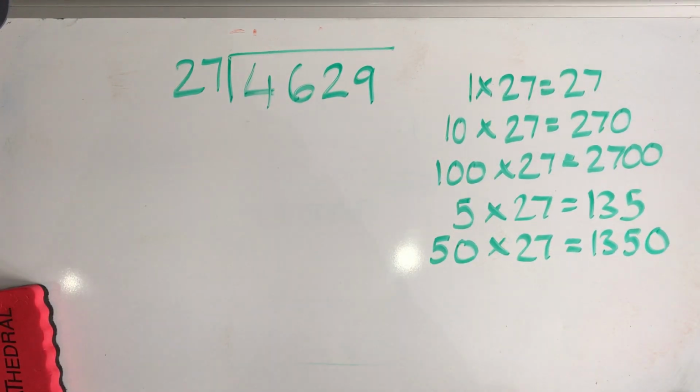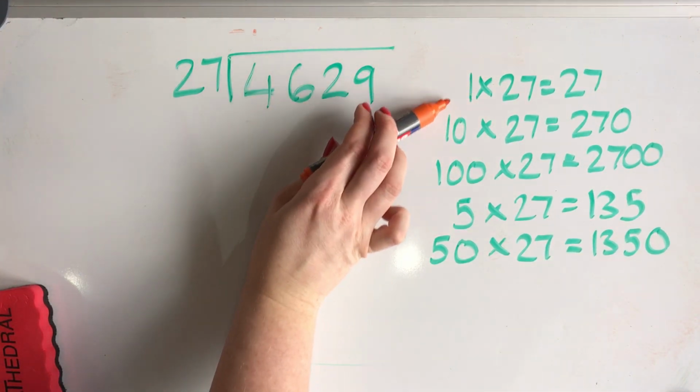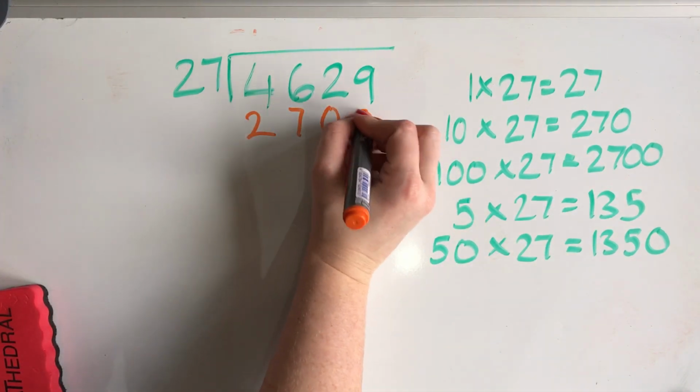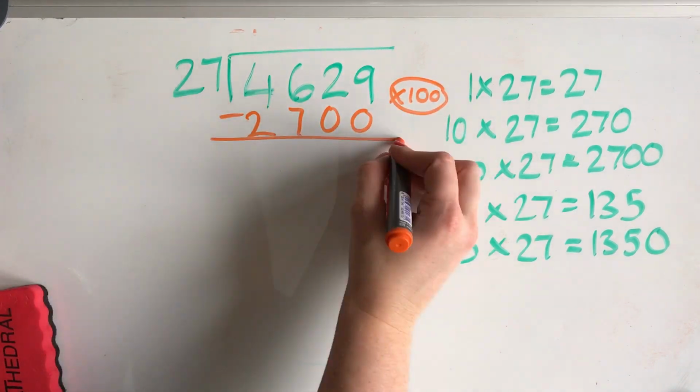So now I'm going to do 4,629, which is the largest number I can take out. It's going to be 2,700. So that's 100 groups of 27.